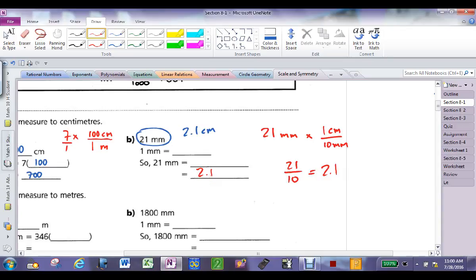Now remember, I told you it would be useful to you in real life. You already know why this is useful to you in real life. If I want to make a conversion, there's going to be an unknown somewhere, isn't there? Right? I need to know what 21 is in centimeters, yes?